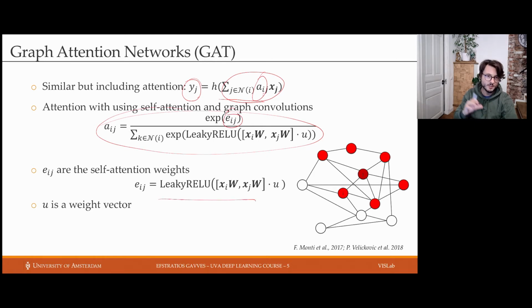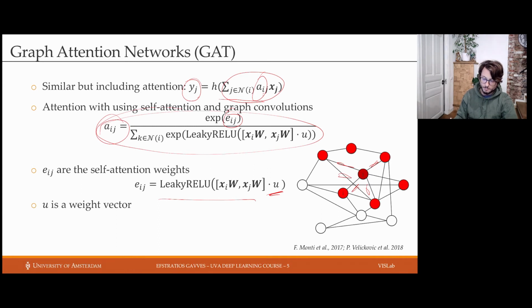The self-attention weights measure the relative importance of every pair of nodes, and the final attention is a normalized version of that. The self-attention has its own parameter U to find a good fit, so that we can determine which pairs are important and which are not.